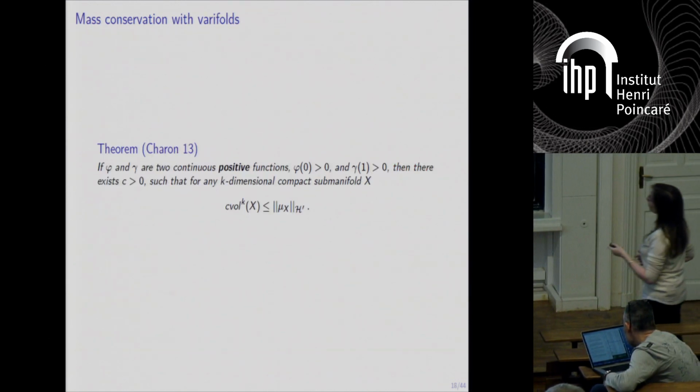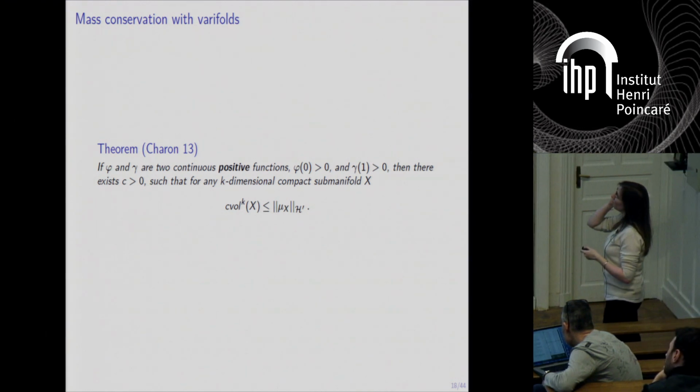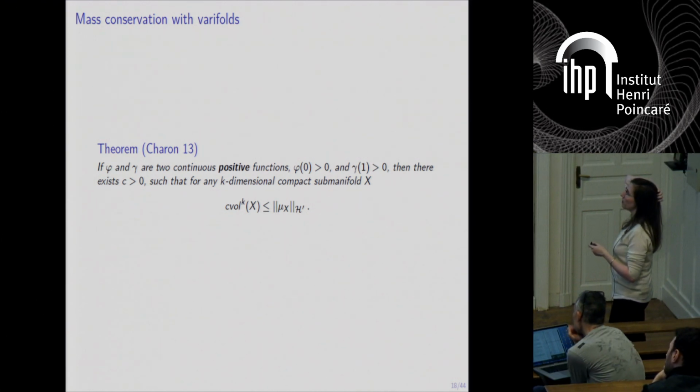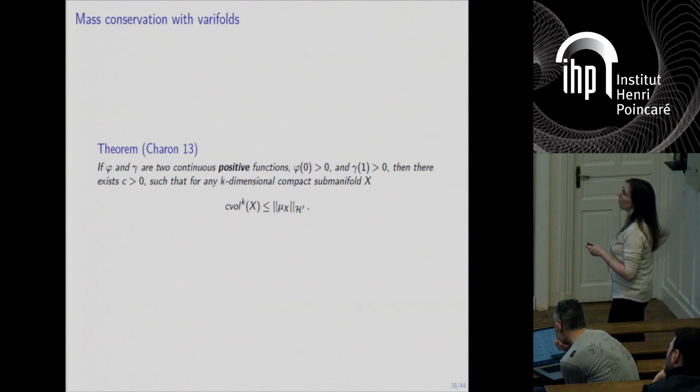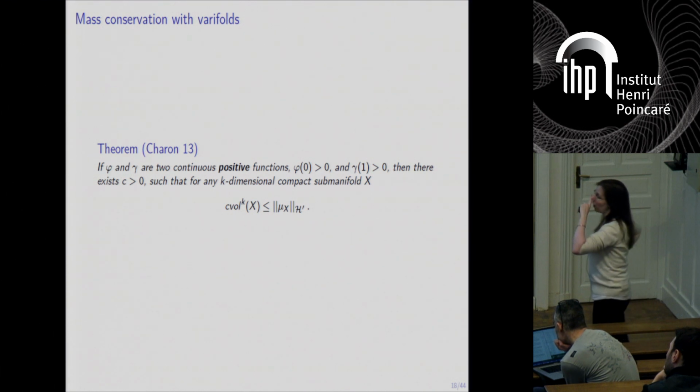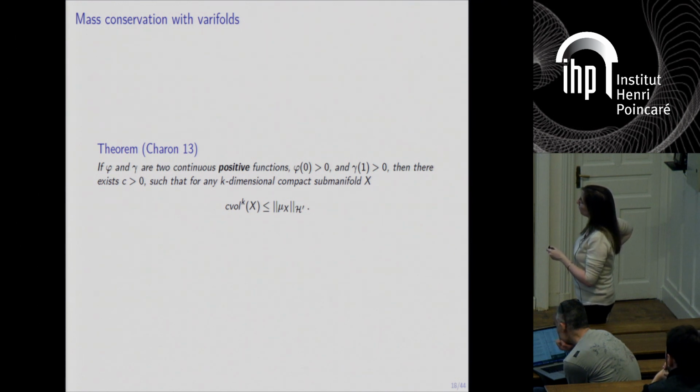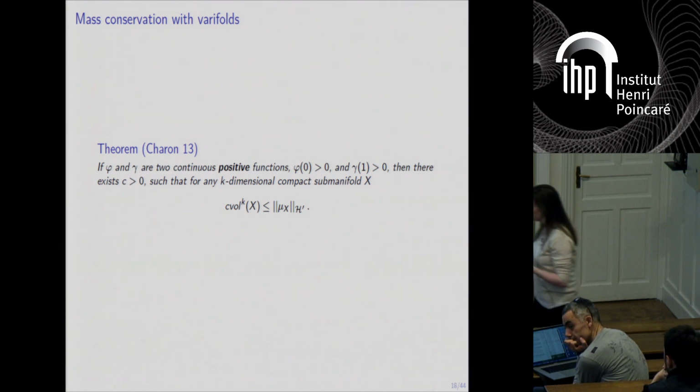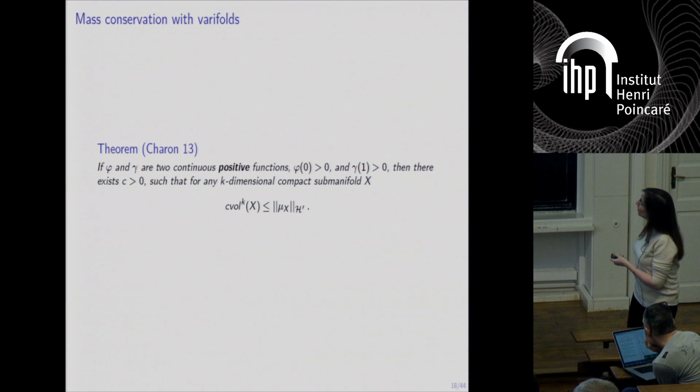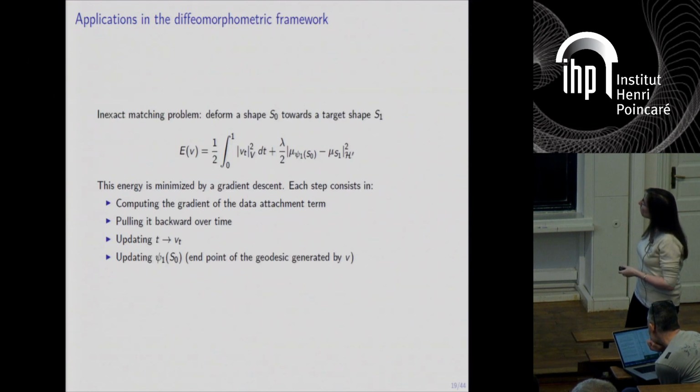And regarding the varifold, you have the property that if you consider positive functions gamma and phi, then you can have a lower bound controlled by the Hausdorff measure of your shape, the volume of your shape, to ensure that you cannot have this cancellation effect of the mass.